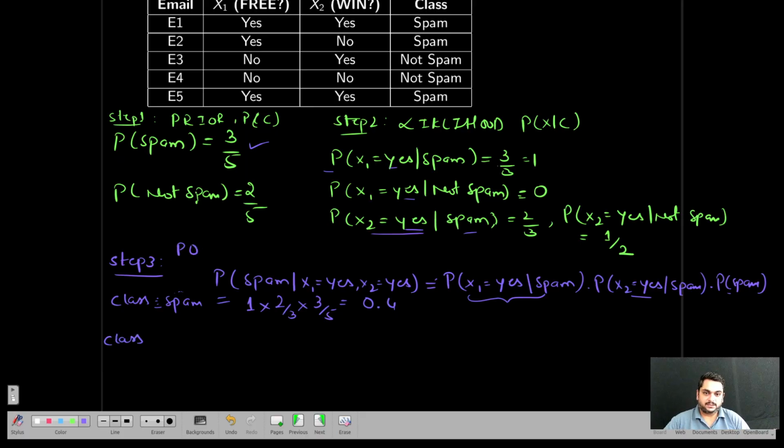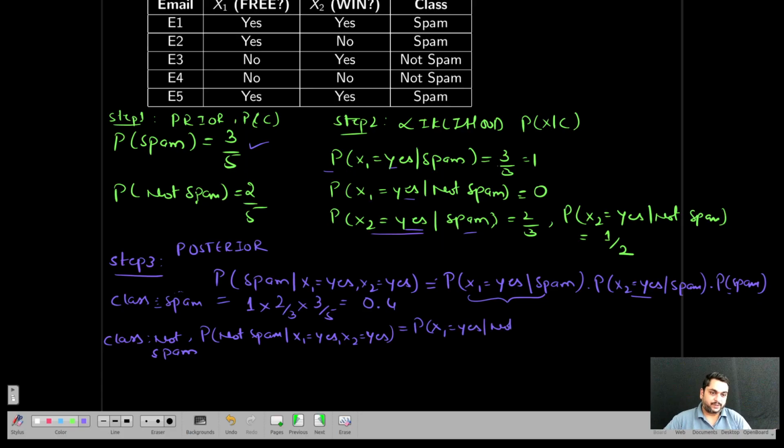Now similarly you find the posterior probability for class not spam. So my C is equal to not spam now. This is nothing but P of not spam given x1 equal to S and x2 equal to S. This is nothing but equal to probability of x1 equal to S given not spam. The class has changed here.